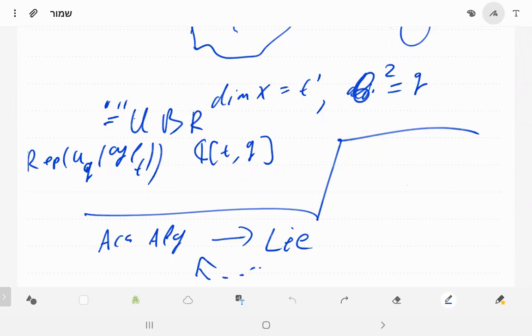But the idea is that you take a Lie algebra and make it by force an associative algebra. It means that any two elements in the Lie algebra, you have to be able to take their product. But you don't have any given product, so you just add it artificially.